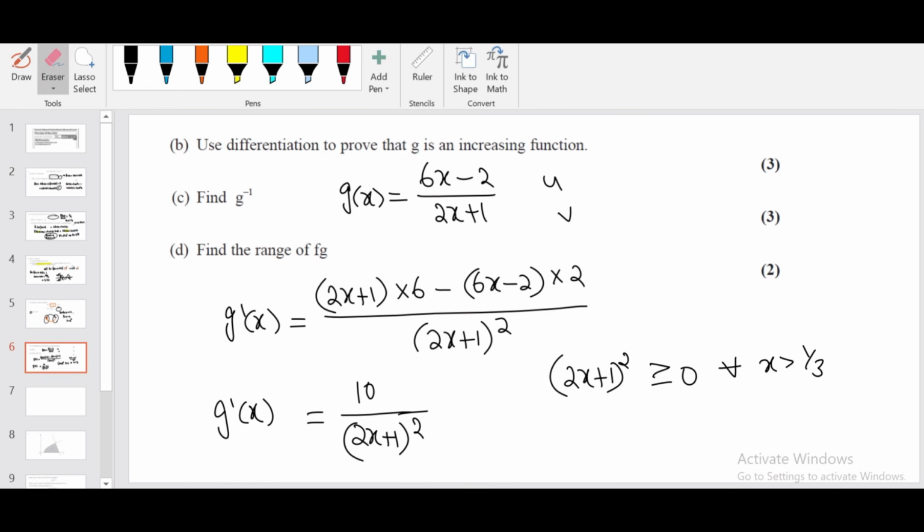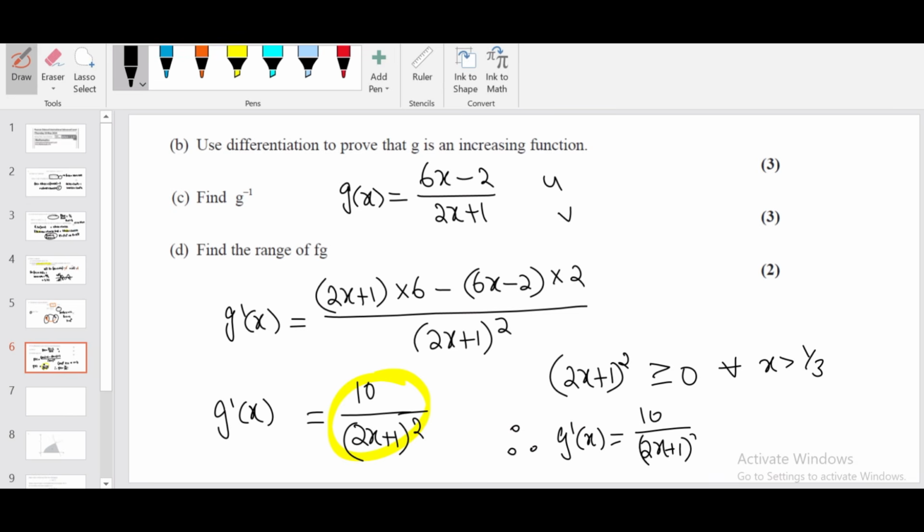This will always be positive. So definitely this whole thing is always positive. So I need to write therefore g dash of x is equal to 10 over 2x plus 1 whole square is greater than 0 for all values of x. So if the first derivative is greater than 0, g of x is an increasing function. That's how you write the conclusion.